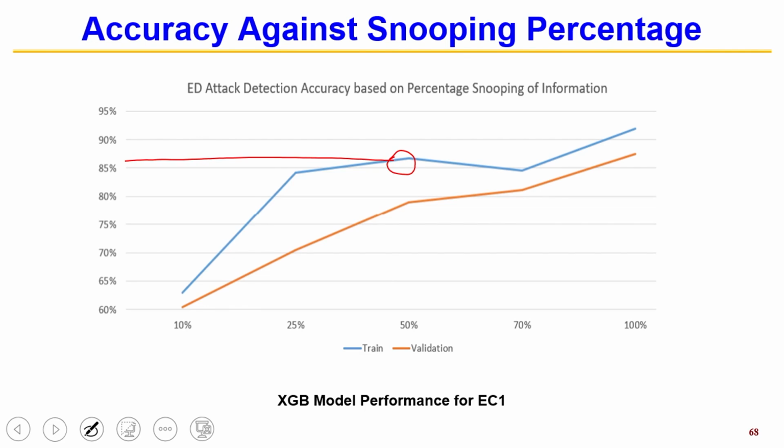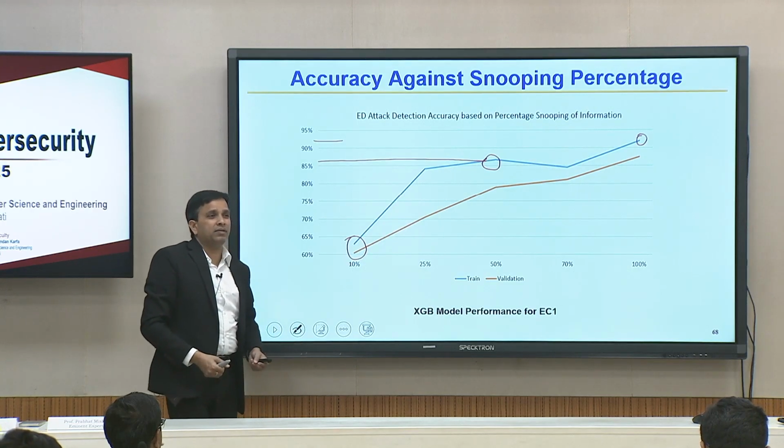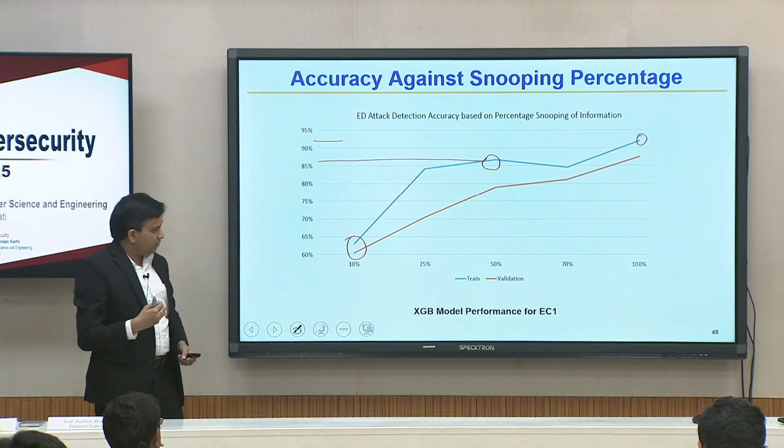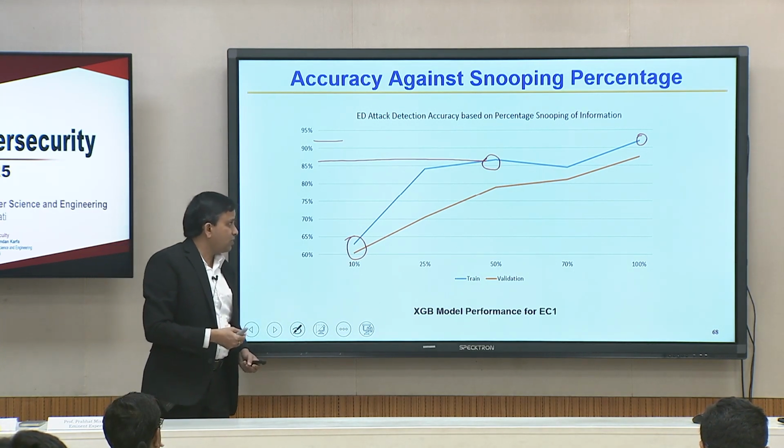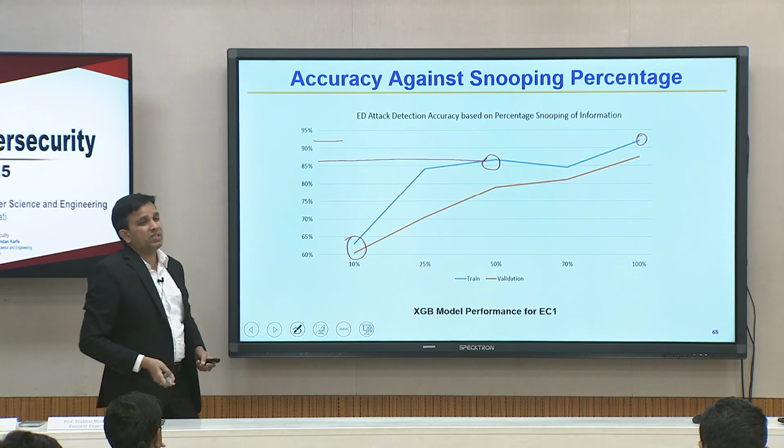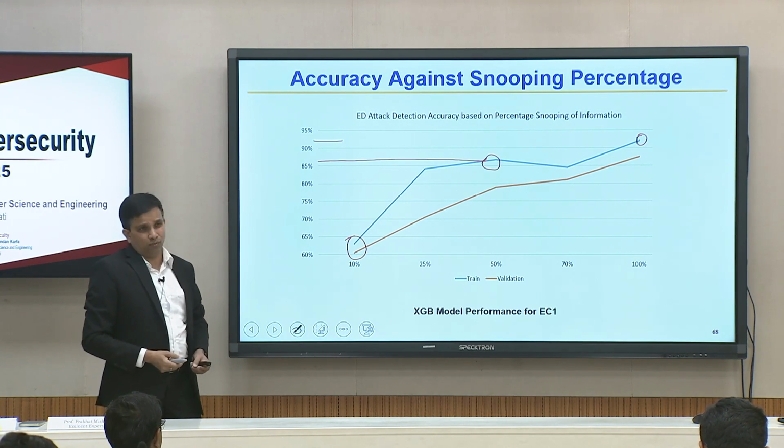When somebody is sniffing 100% of the data, even then you are looking at somewhere less than 95%. But if you consider 25 or 10% of the data, then your prediction accuracy is low, very close to a random guess. So, with less and less data the eavesdropper consumes, using standard machine learning techniques like this would not work.